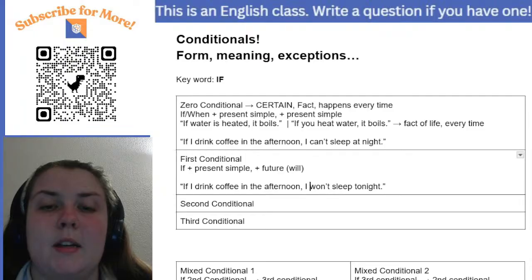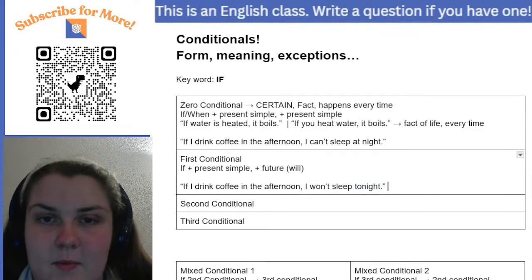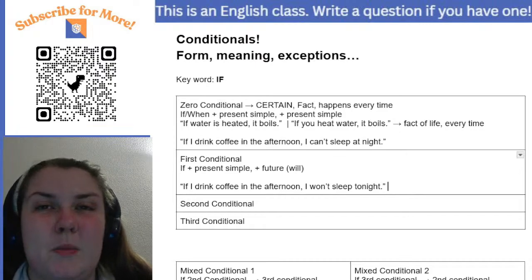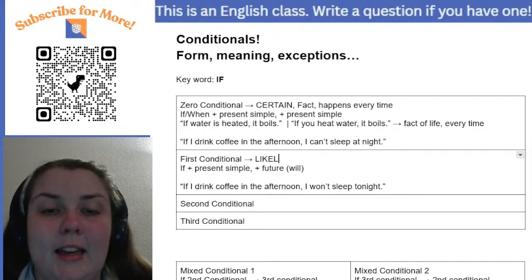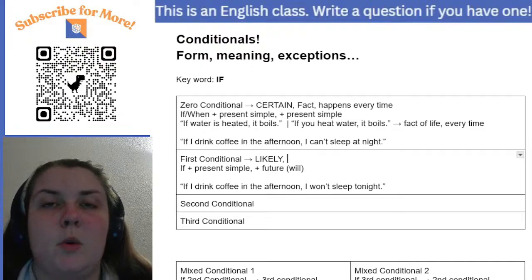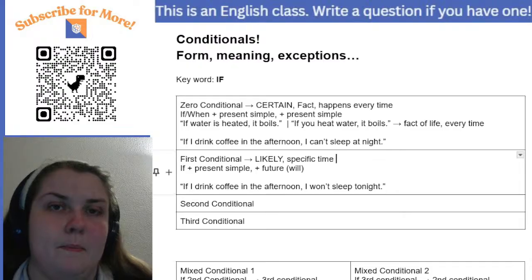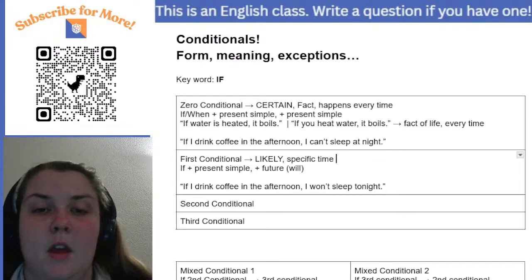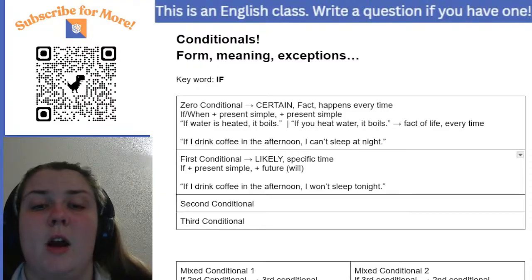No, because I'm talking specifically about tonight. So if I'm very specific, then yes, the first conditional definitely does say something that is likely, but we're talking about a specific time. We're not saying that it happens every single time, like we were saying before. Okay? If I drink coffee in the afternoon, I won't sleep tonight.